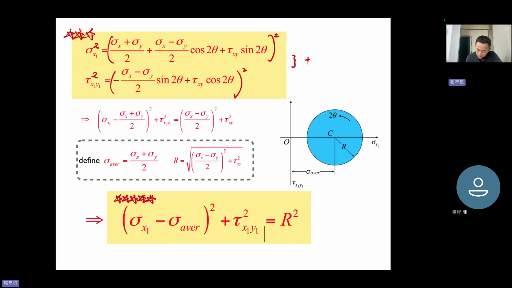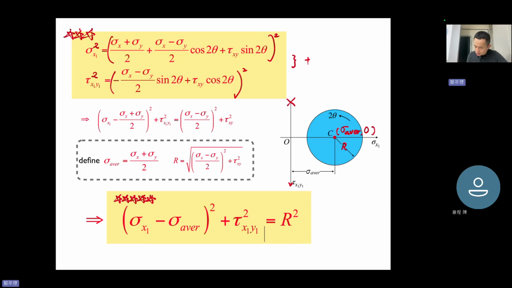But one thing I'll give you here. This is the circle origin, sigma average, 0. And this is R, right? But I would like to emphasize one thing, very important here. I will delete this, and I will actually give you downward tau x1y1. This is the only difference.